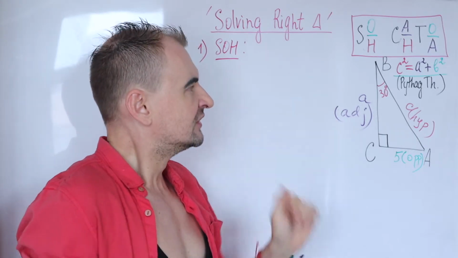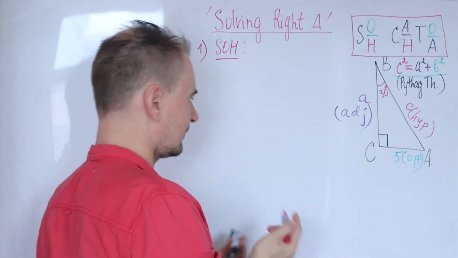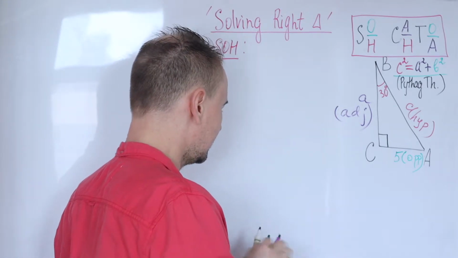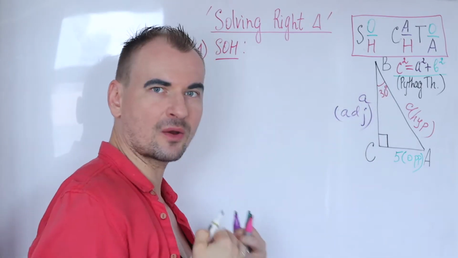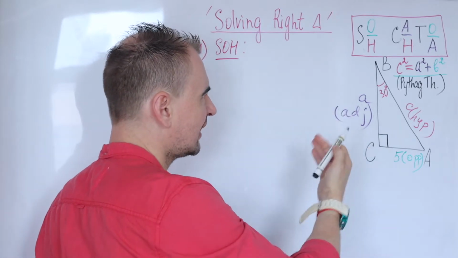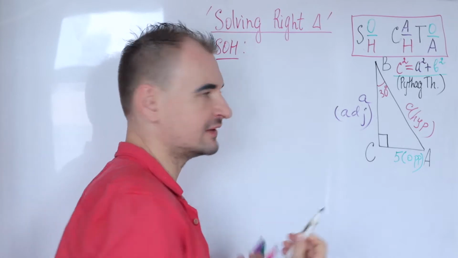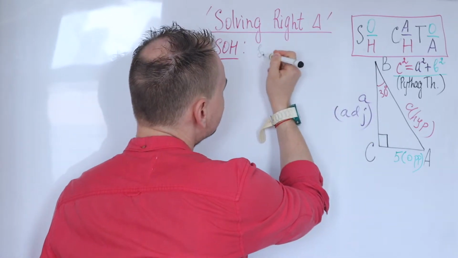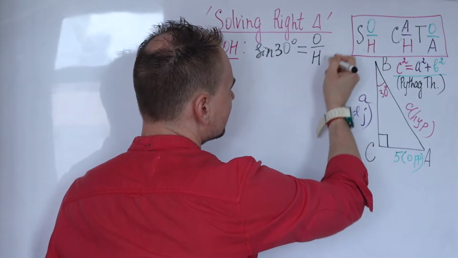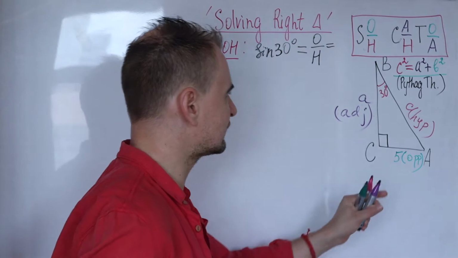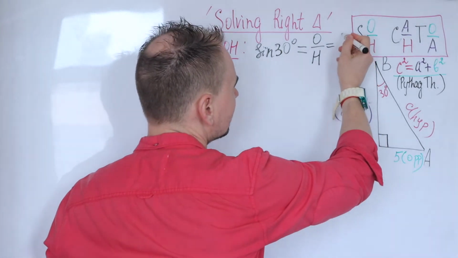So that's the way. Now for sine, we could just literally write the equation that connects all these pieces of information that were given and what we need to find. So sine of 30 degrees equals opposite over hypotenuse, which in our case is the opposite side, 5, so we can plug in that number.